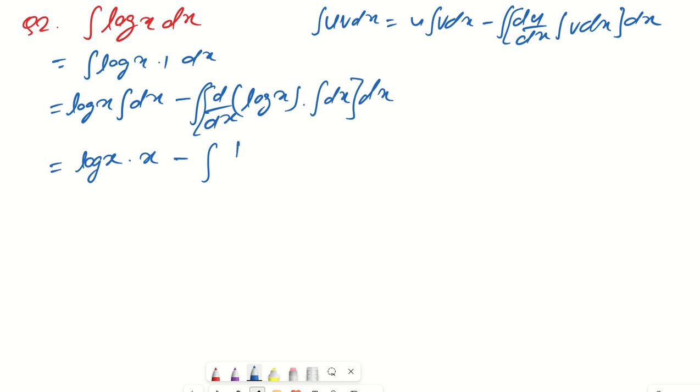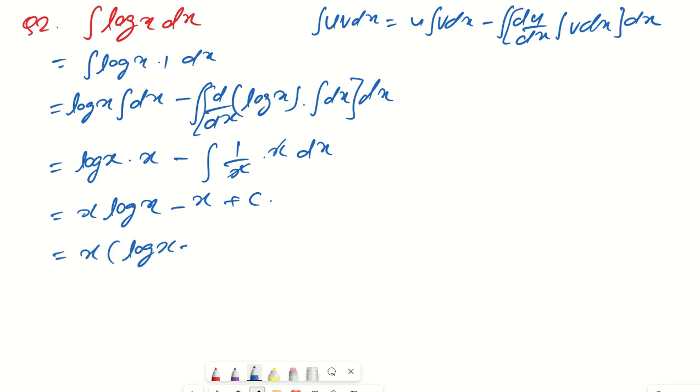Differentiation of log x is 1 by x into integration of dx, which is just x, and whole integration. So this we are going to get as x log x minus, it got cancelled, so it is just dx, then it will become x plus some constant c. If you want, you can write it as x into log x minus 1 plus c.